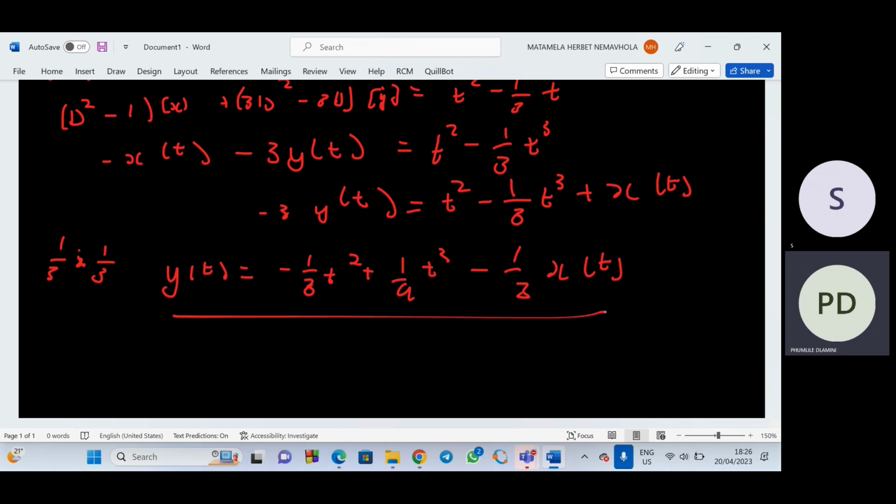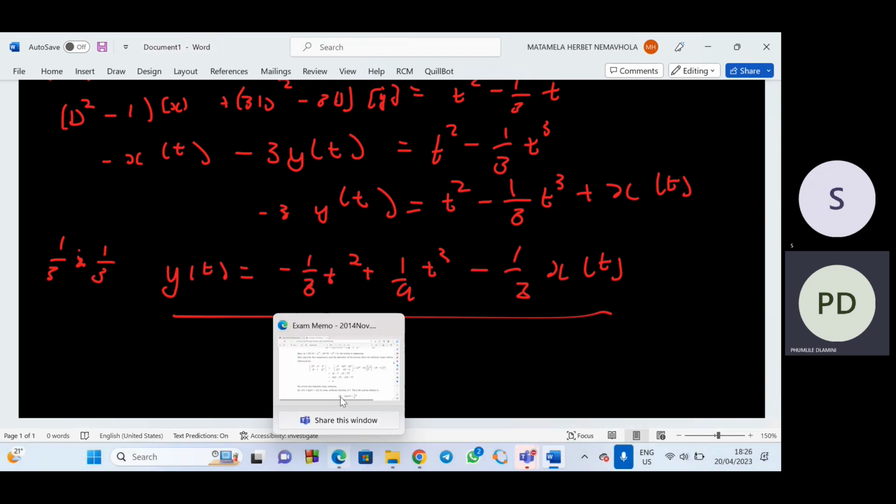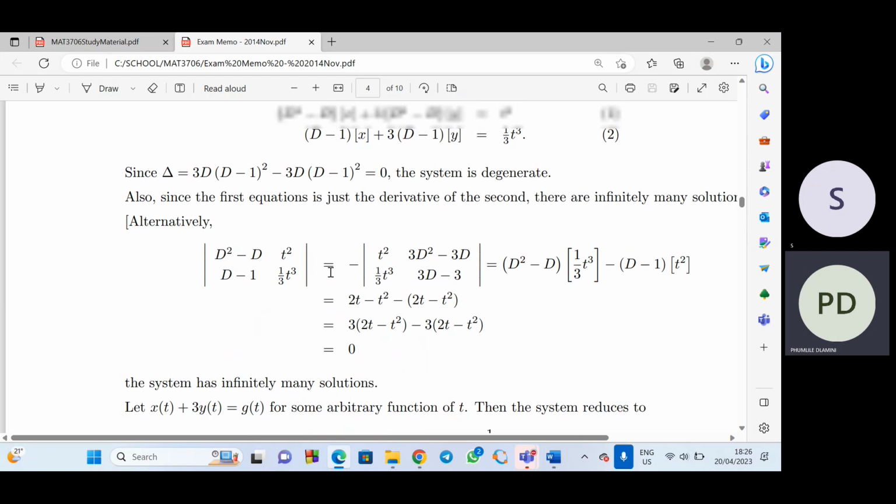You just end here. But sometimes if you don't write this, it is not really necessary. So even if, now we go to your memo there, let me see if they indicated it.